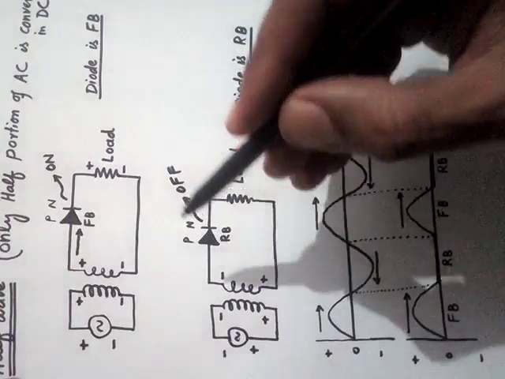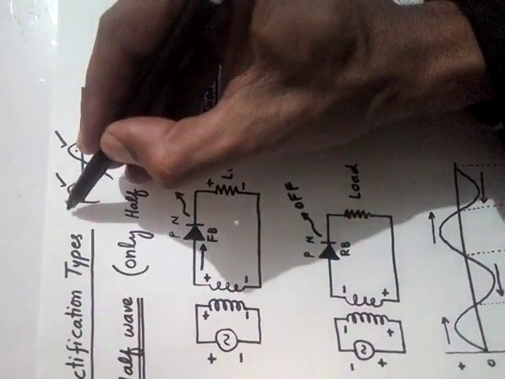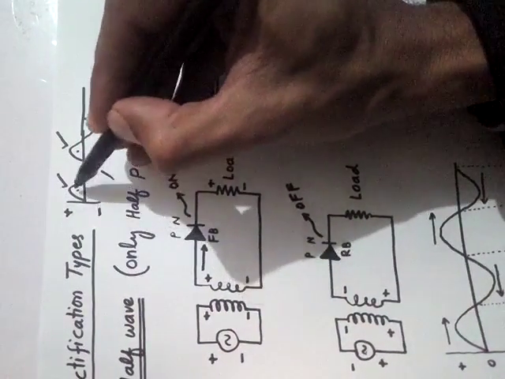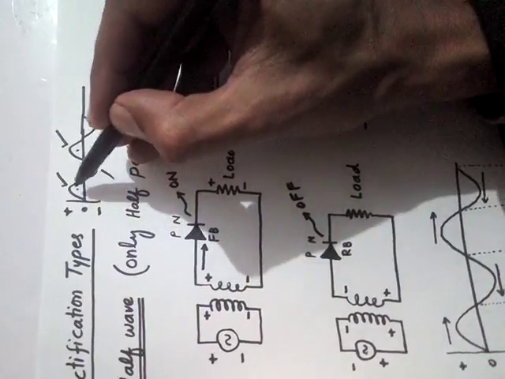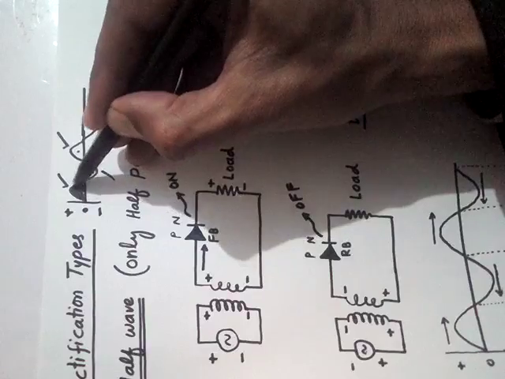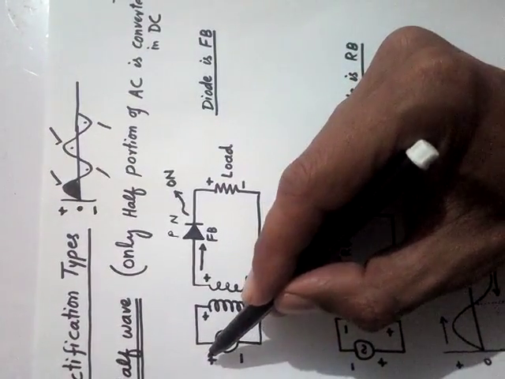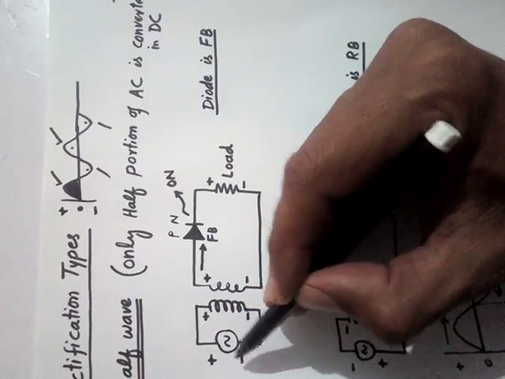Now what happens? Look, as we know, this was the alternating source. When we consider the positive half cycle, this half cycle represents this case: the upper portion positive, the lower portion negative.